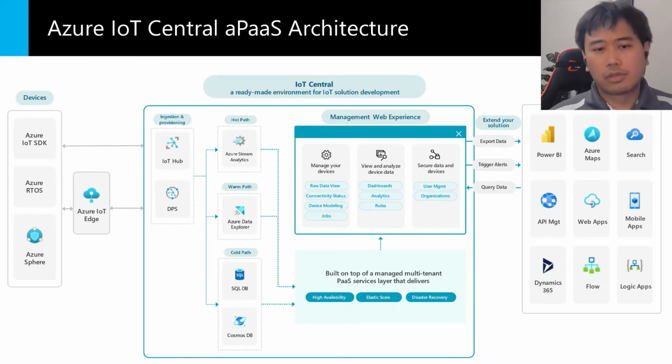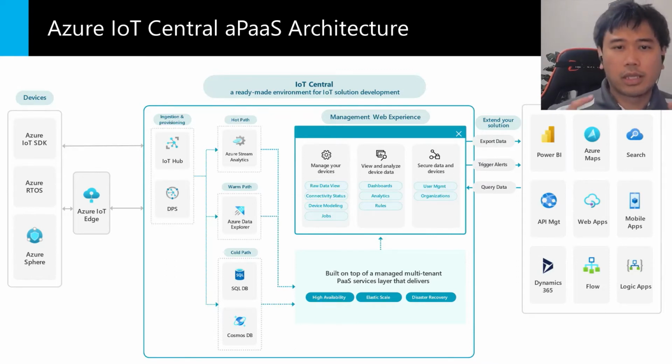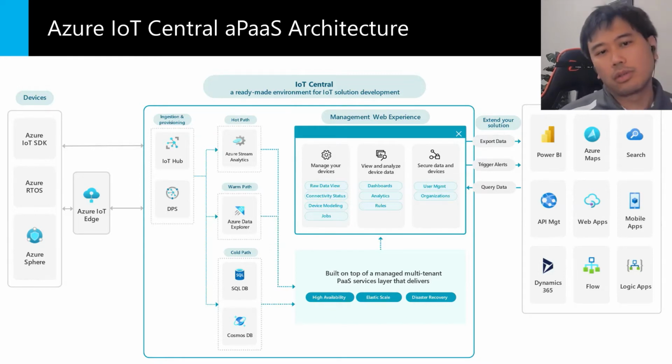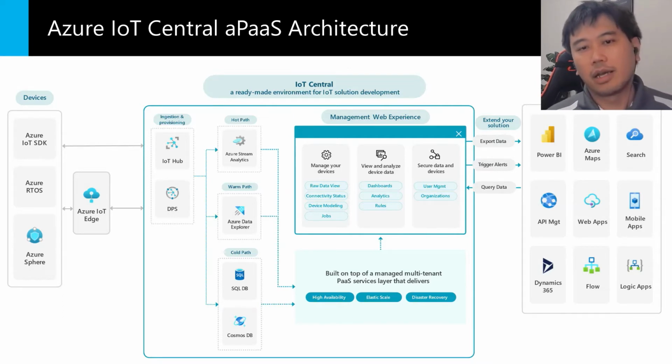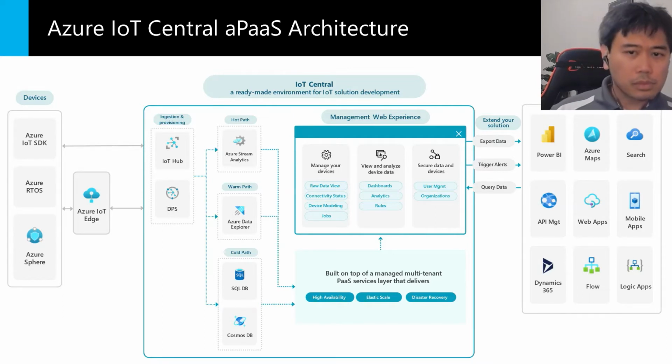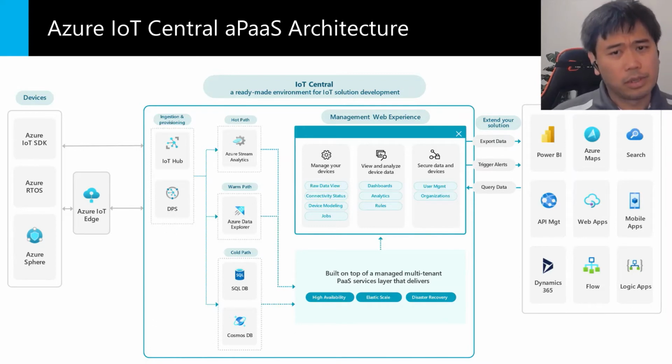It's using some of these services so that you can have this management web experience where you can manage your devices, view and analyze the device data and secure them, and then has a way to export the data that is inside IoT Central.